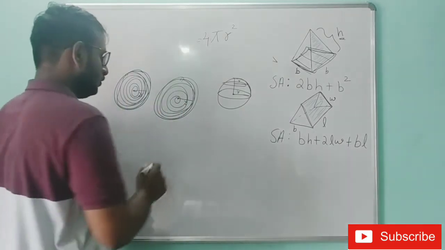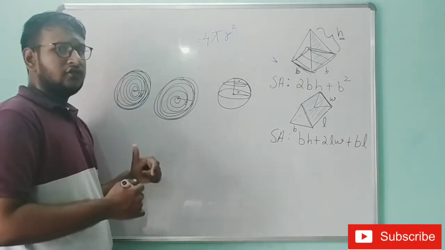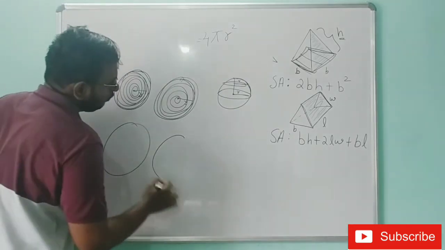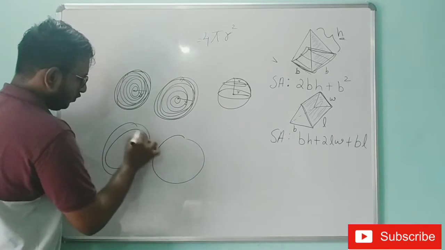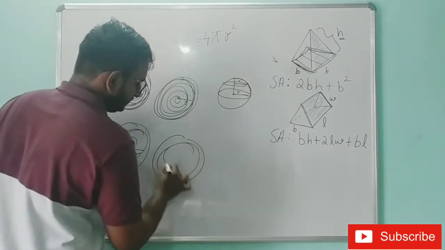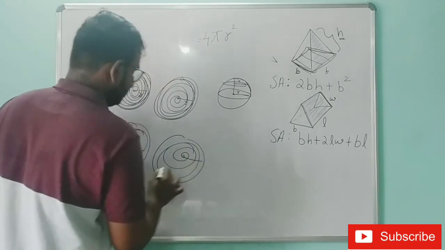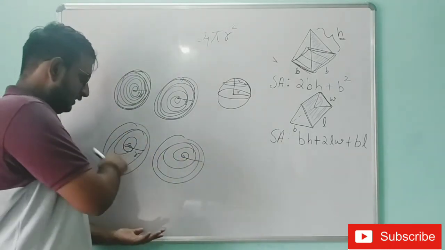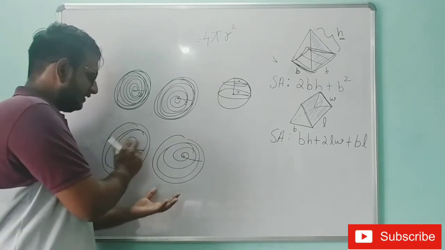Over here also, I have a few more threads. Then I start to fill two more circles like this with the same radius R. I keep on spinning the thread inside the circle and trying to fill these two circles.